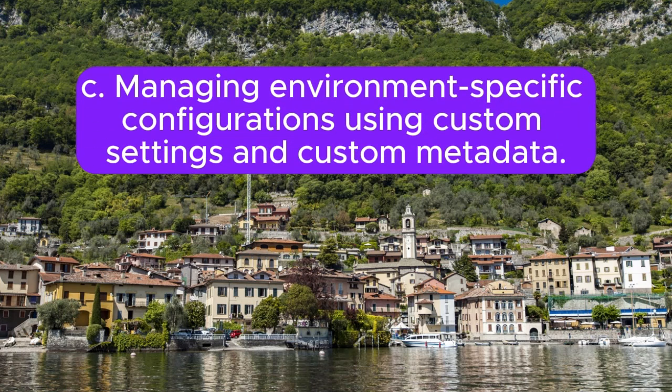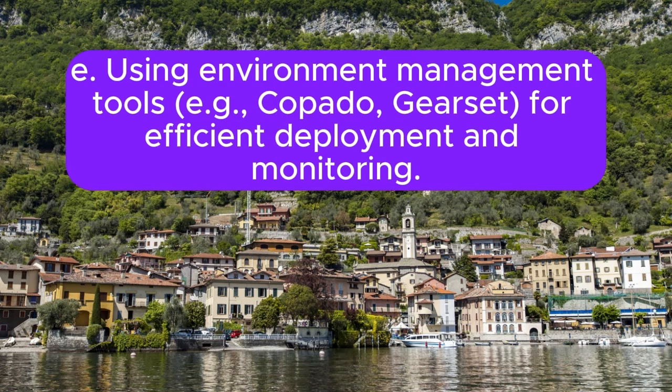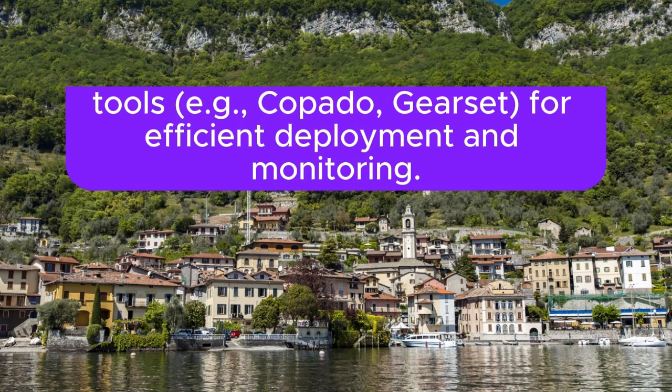C. Managing environment-specific configurations using custom settings and custom metadata. D. Implementing data masking and sandbox templates to protect sensitive data. E. Using environment management tools, for example, Copado, Gearset, for efficient deployment and monitoring.